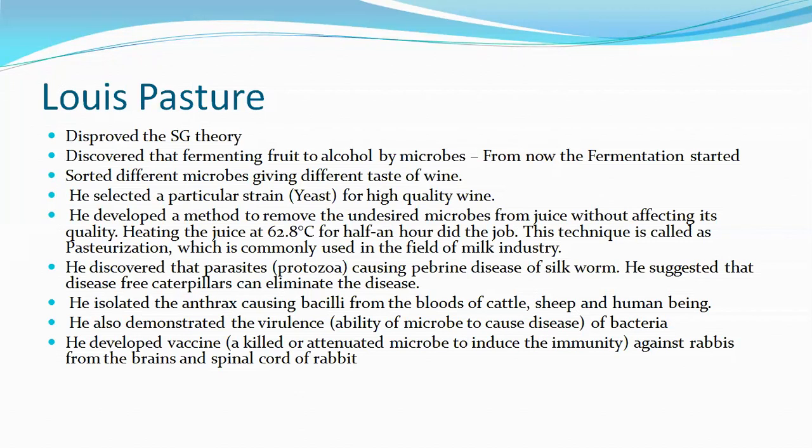He discovered that fruit ferments to alcohol by microbes. He saw that fermentation started and proceeded with different microorganisms, giving a different taste to the wine. So he first saw that different types of organisms are involved, giving different tastes to the wine.